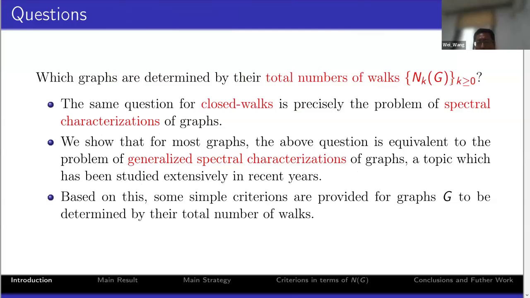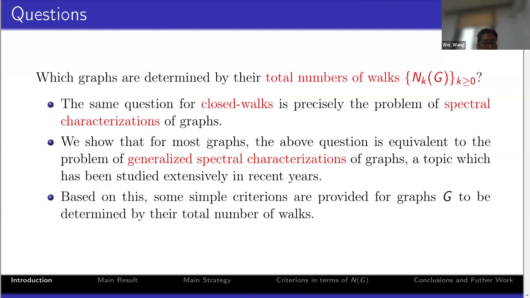This is by the infinite sequence N_k(G), where N_k(G) denotes the number of walks of length k. The same question for closed walks is precisely the problem of the spectral characterization of graphs.